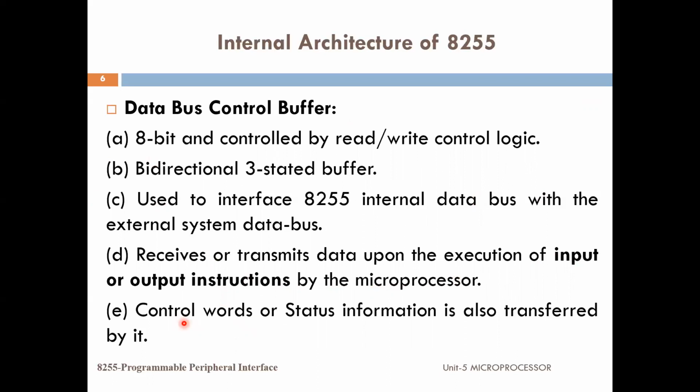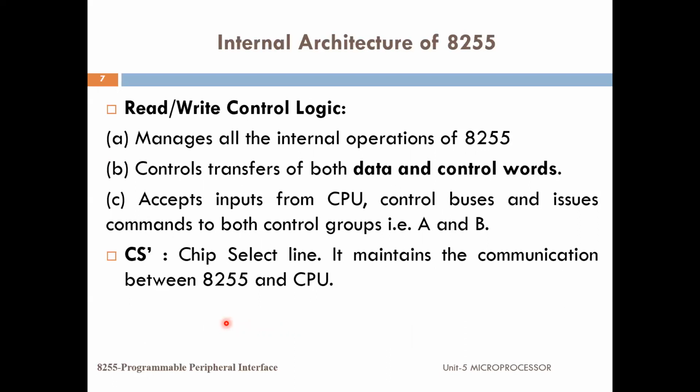It is also responsible for transferring the control word and the status information, the control word which gets stored in the control word register. Moving on to the next component, that is the read-write control logic.